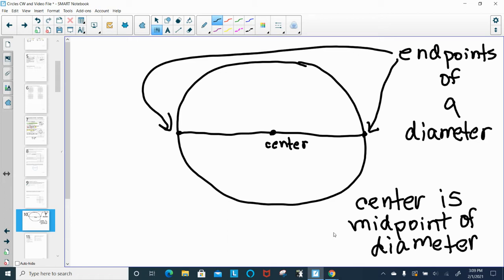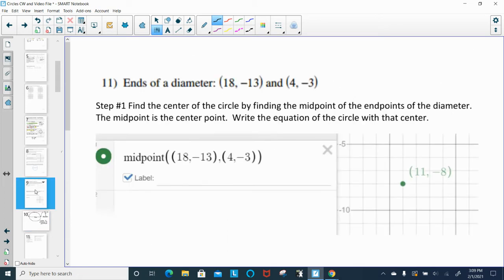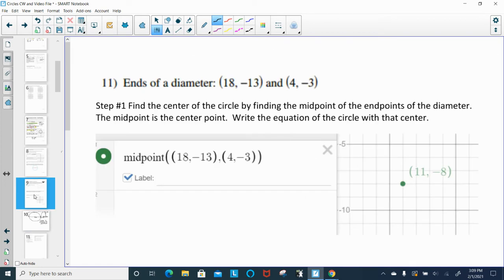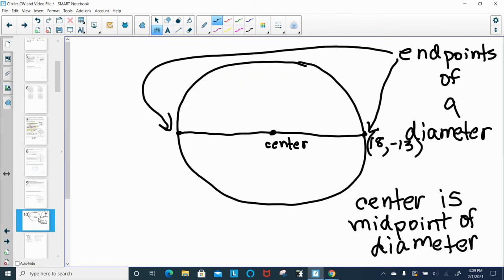So back to our problem. If we have the point 18, -13, well, maybe here, we'll call that 18, -13. That's that endpoint. And then we have 4, -3. That's that end point of the diameter.